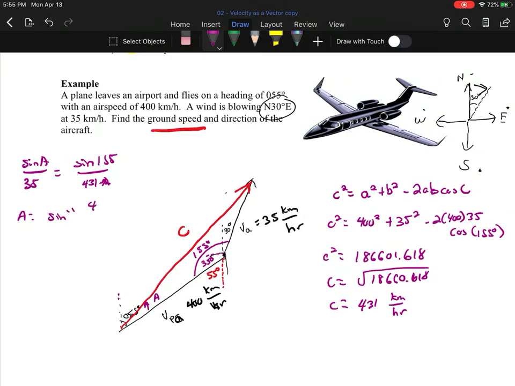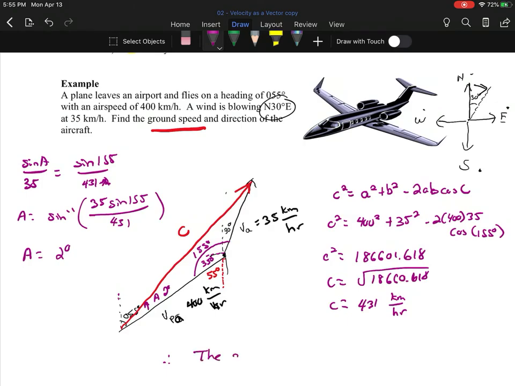So after some rearranging, I'm going to have to do the sine inverse of 35 sine 155 over 431. And I'm doing the sine inverse of that big mess. Punch that in my calculator and I find 2 degrees is how much this was thrown off course.